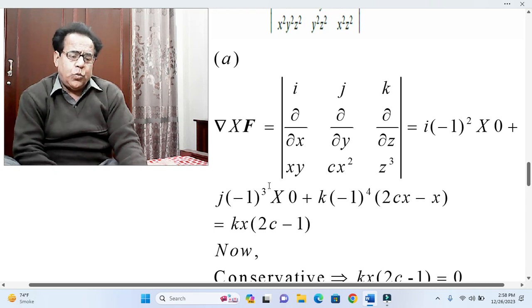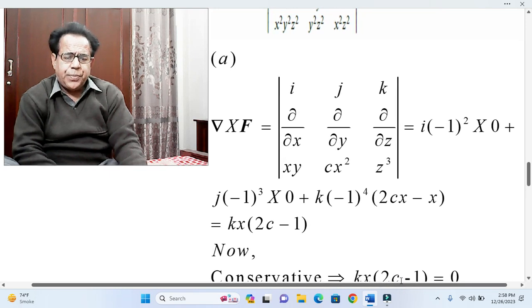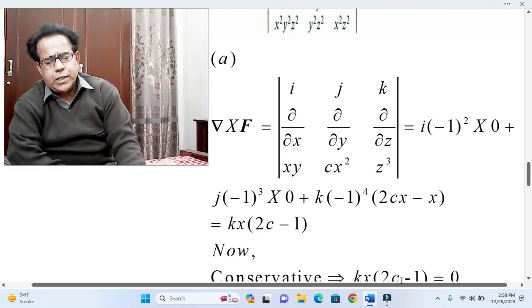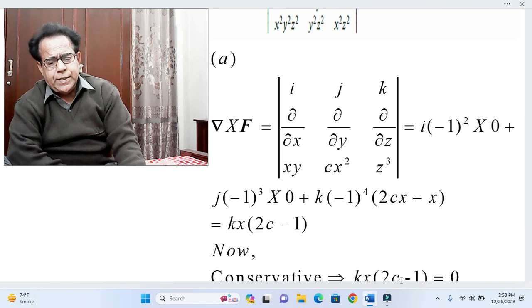Now we expand it from the first row: i times minus 1 raised to the power 2, j times minus 1 raised to the power 3, k times minus 1 raised to the power 4.